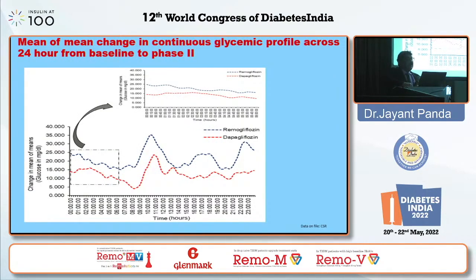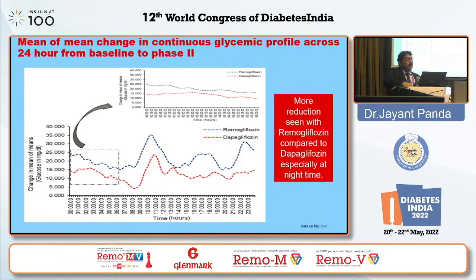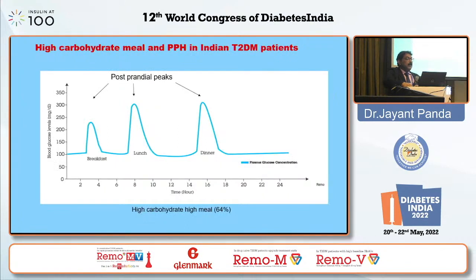If we see from the baseline to phase 2, there is more reduction seen with remogliflozin compared to dapagliflozin, especially at night time. The nocturnal blood glucose in remogliflozin-treated patients was significantly lower in contrast to the dapagliflozin patients.